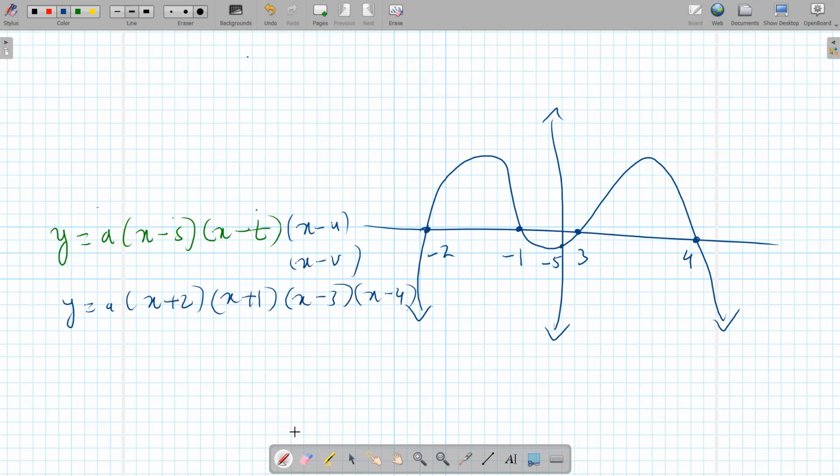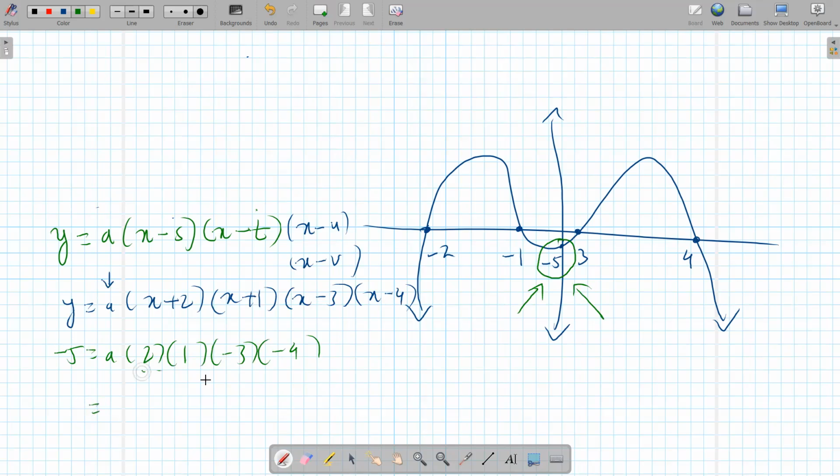You see that? How do we find the a value? The y-intercept. So -5 is our y-intercept, and again, the goal is x is going to be 0, right? 0 plus 2 is 2, 0 plus 1 is 1, -3, -4.